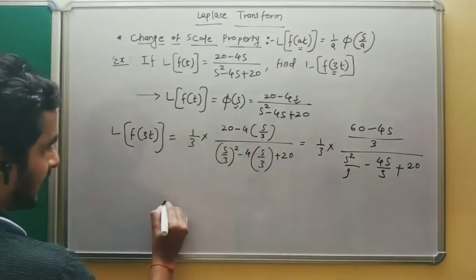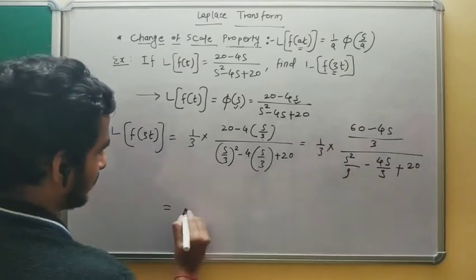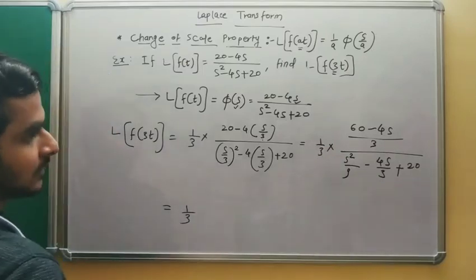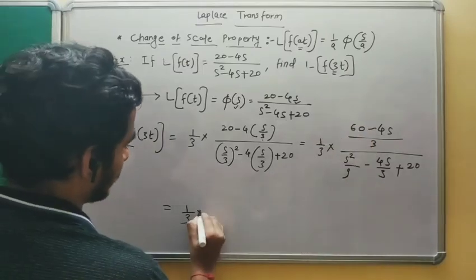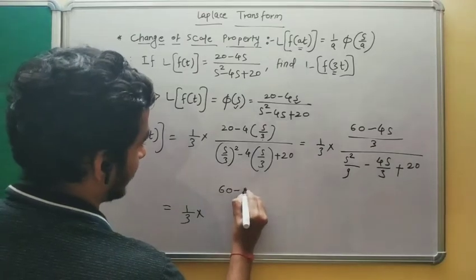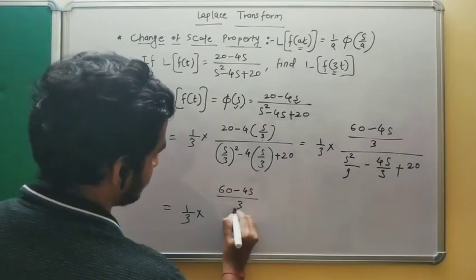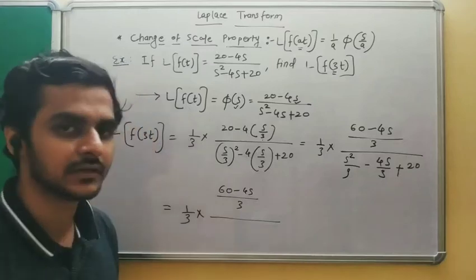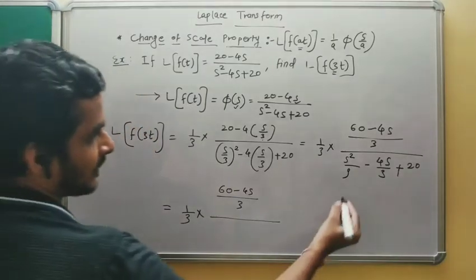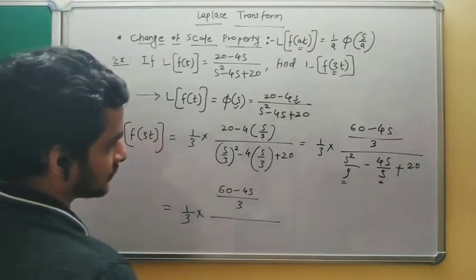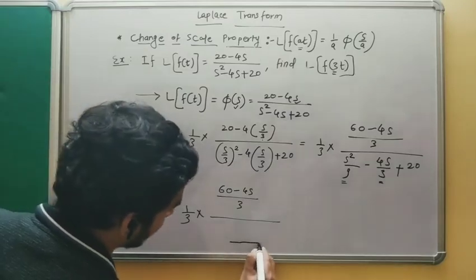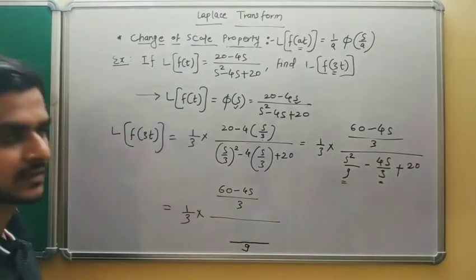So the next step will be 1 upon 3 we will write as it is. This numerator will also write as it is. Now for this denominator let's take LCM. So here it is 9 and 3, so the LCM will be 9.